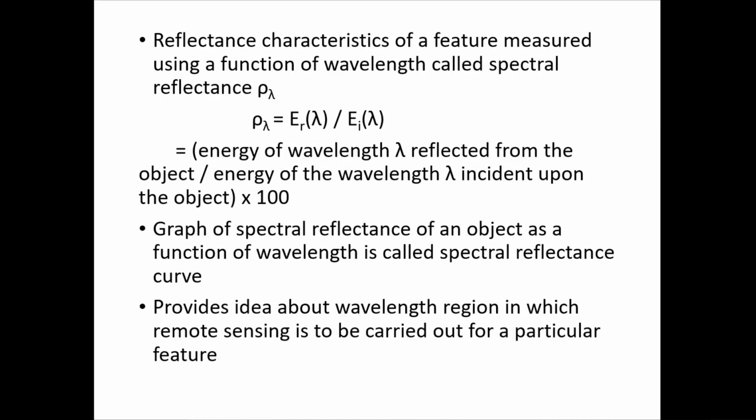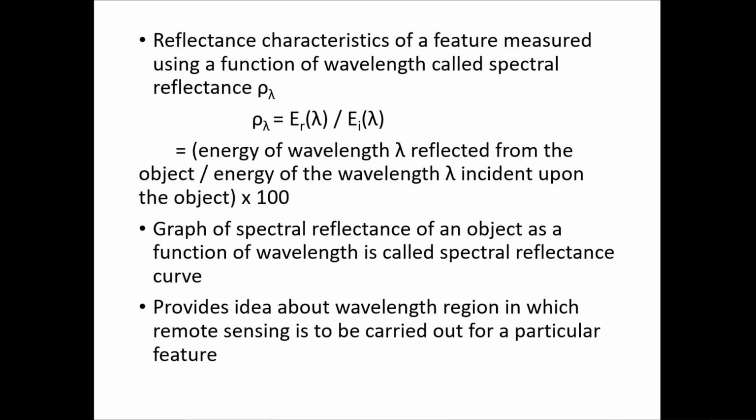So what is this reflectance? I told you earlier, for an ideal specular reflector, all the incident energy will be equal to the reflected energy, right? So what is this reflectance? Reflectance is a characteristic of a feature measured as a function of wavelength, called spectral reflectance, that is rho lambda, which is equal to the ratio between energy of the wavelength reflected from the object divided by energy of the wavelength incident upon the object, times 100, represented as a percentage.